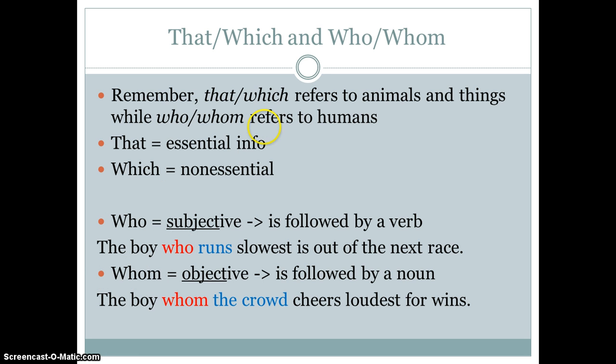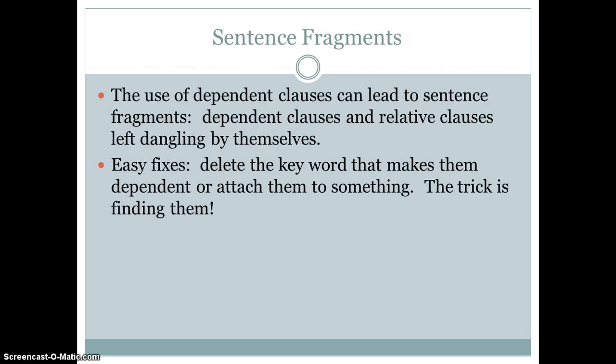So down here, whom is objective, meaning it's the object of a sentence, and it's followed by a noun. So the boy whom the crowd cheers loudest for wins. So the crowd is a noun. You need whom for your pronoun. Okay, again, I'm not going to get too much deeper into that. If it helps clear it up from the book, then awesome. If not, that's okay too.